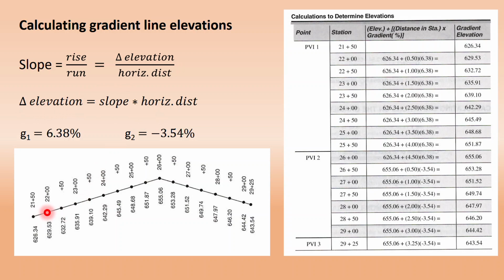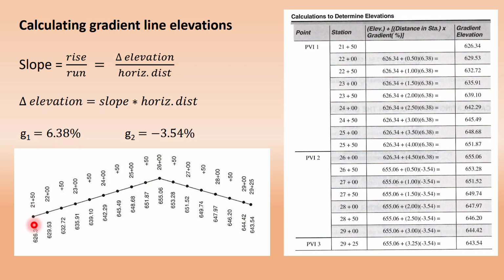This is really easy when you're leaving your numbers in percentage form, because remember what that percent symbol means about this number. When you express a slope in percentage, that means for every 100 horizontal feet, you're rising 6.38 vertical feet. Well, that's real easy.